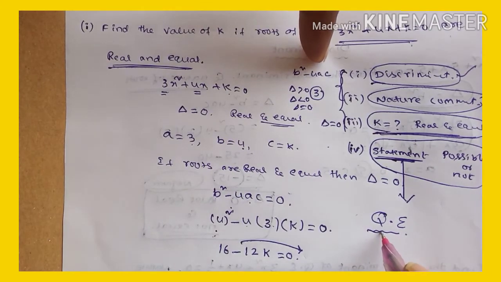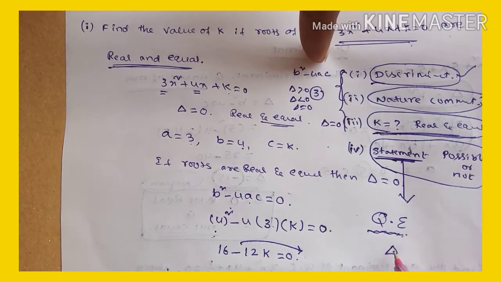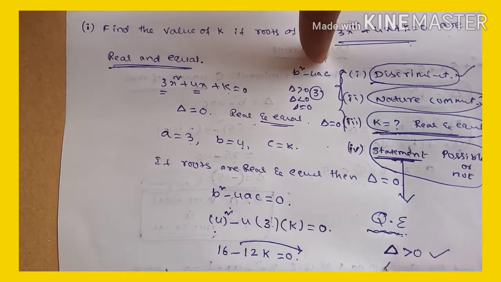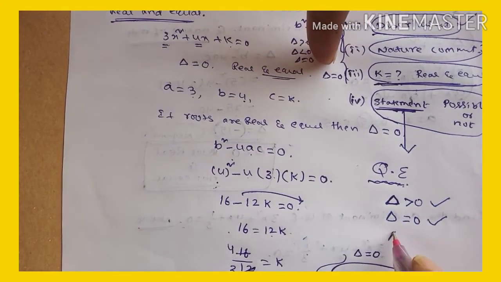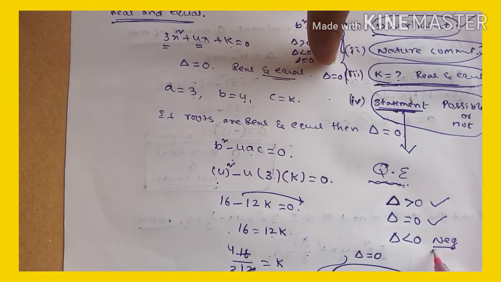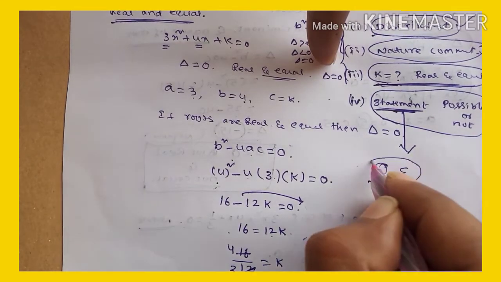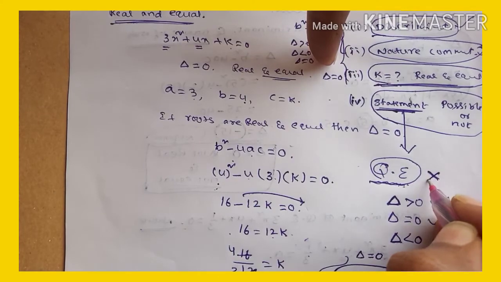After getting the quadratic equation, we have to check whether the delta value is positive or negative. If it is greater than 0, it is possible. If it is equal to 0, it is possible. If the delta is less than 0, I mean if you got any negative value of delta, in such a case the given situation is not possible.